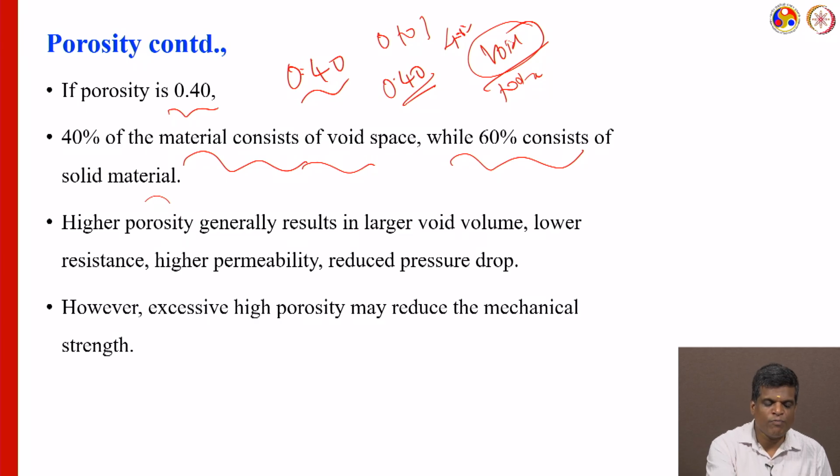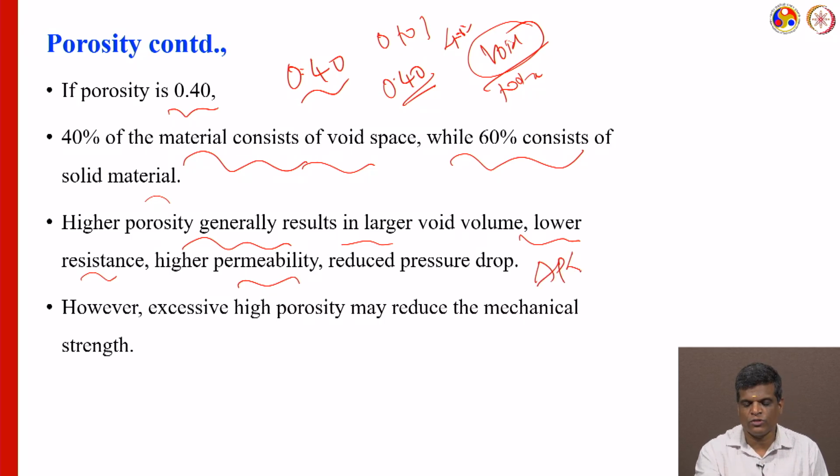Whenever porosity is higher, it generally results in a larger void volume. Of course, it means lower resistance, higher permeability, and reduced pressure drop.